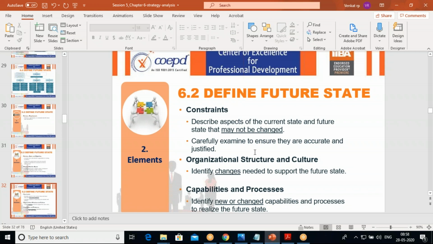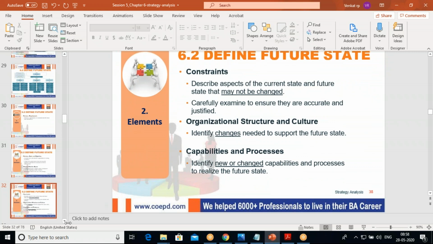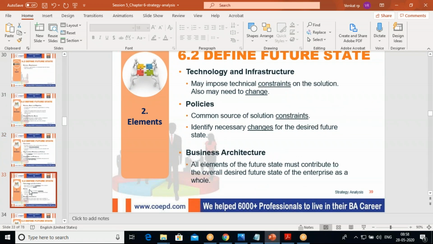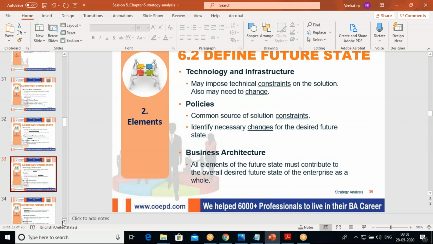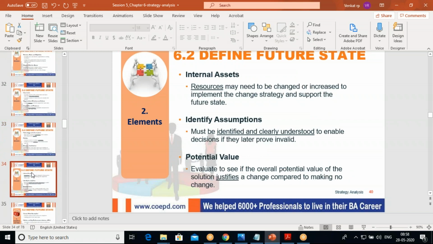And for the remaining, like we have seen the organization structure, the same thing, from as-is to to-be, we have to identify it, and the capabilities and processes where we have to change, we have to identify. Okay, and then we have technology and infrastructure, how this change needs to happen, in the policies where we have to make the change, in business architecture where these changes will happen, and in internal assets where this change is going to happen. Okay, that is being declared here.